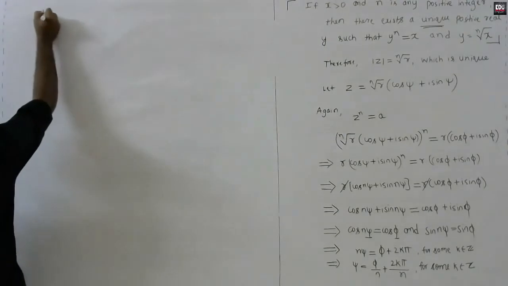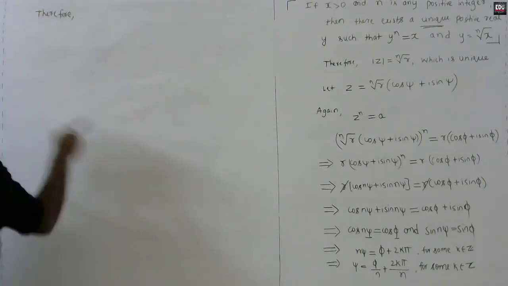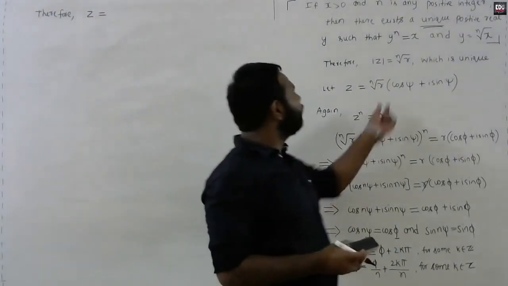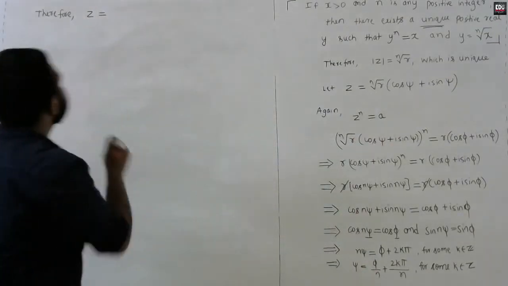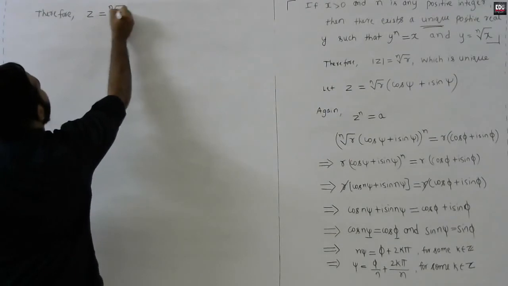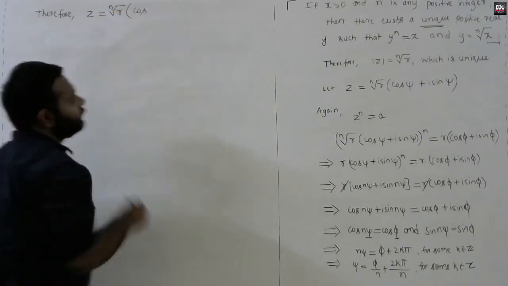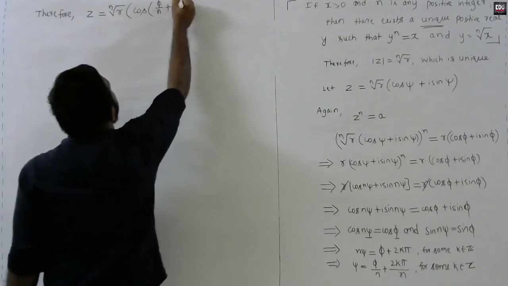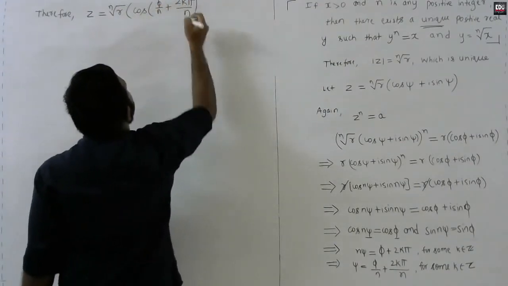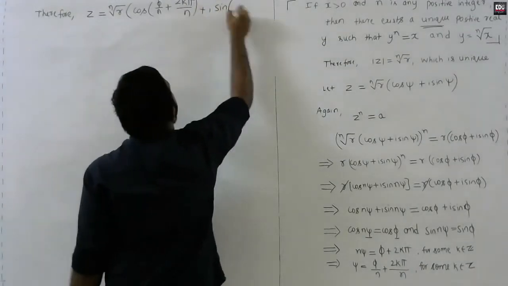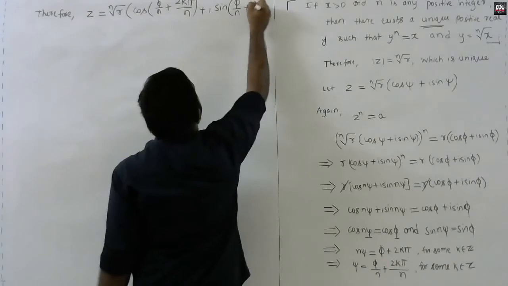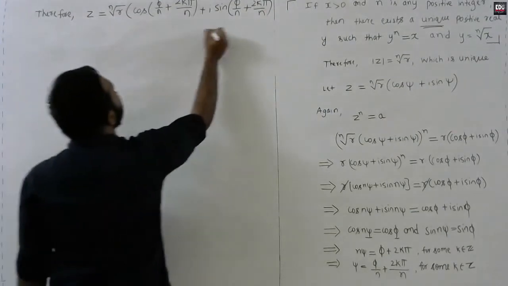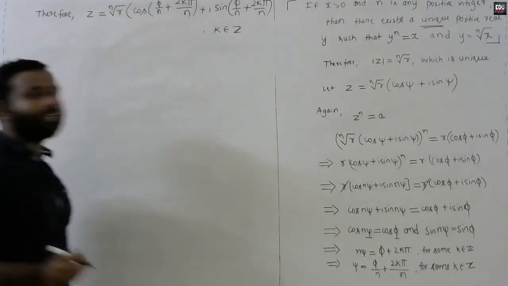Therefore, the complex number z which we were finding, which we obtained, was z equals nth root of r into cos of (phi by n plus 2k pi by n) plus i into sine of (phi by n plus 2k pi by n), where k is any integer.